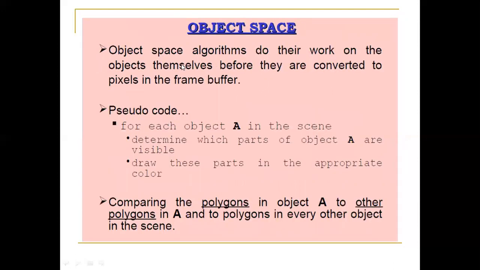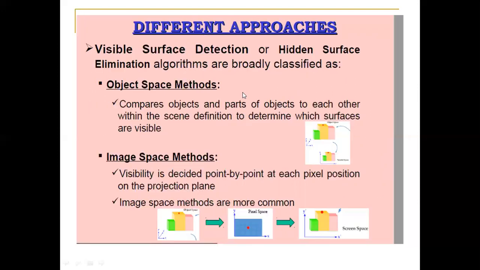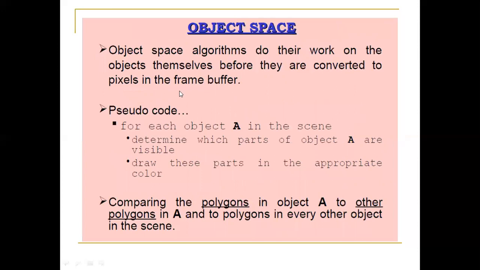Coming to object space, object space algorithms do their work on the objects themselves before they are converted to pixels in the frame buffer. So before converting that particular scene into pixels in the frame buffer, just by comparing one object with another object, we are trying to decide which part of the object we have to make visible and which we have to hide.